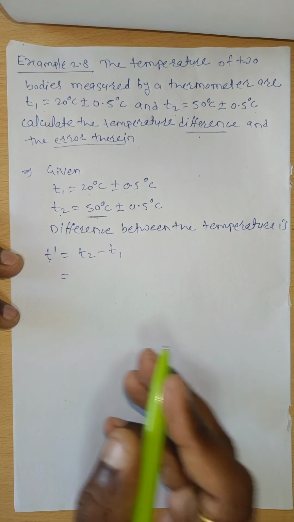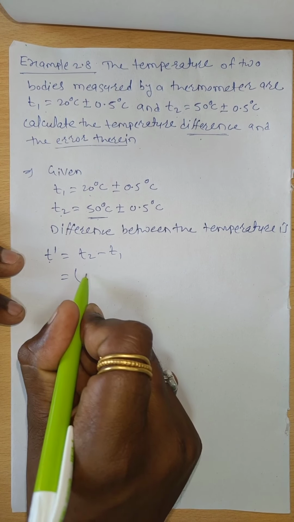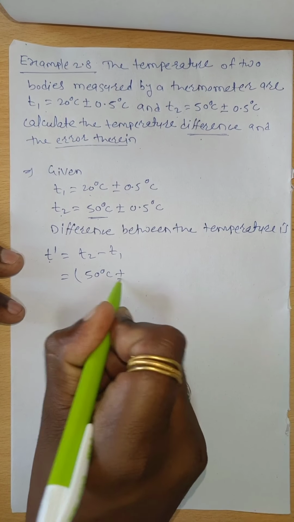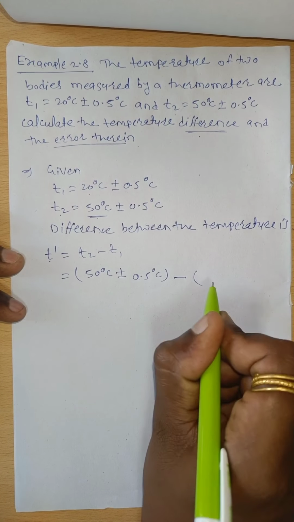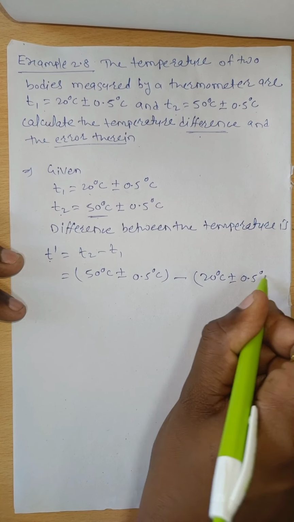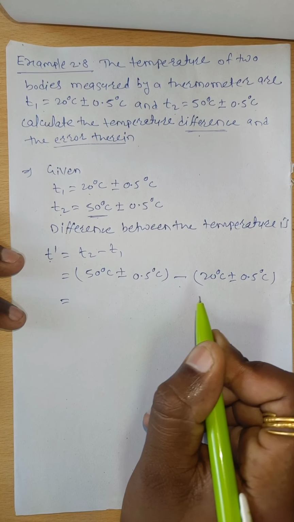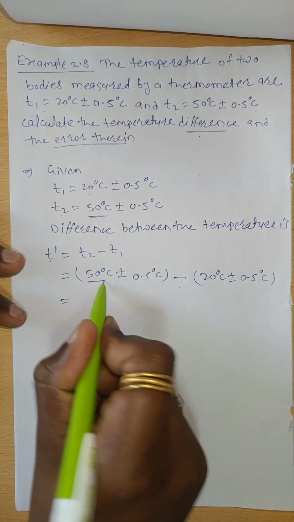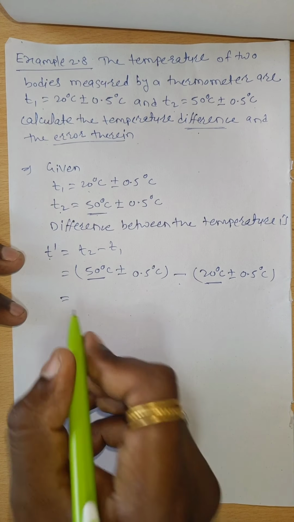While we are taking the difference, what is the T2 value? 50 degrees Celsius plus or minus 0.5 degrees Celsius minus T1, which is 20 degrees Celsius plus or minus 0.5 degrees Celsius. While taking the difference, we take the difference between the true values and we add their errors.